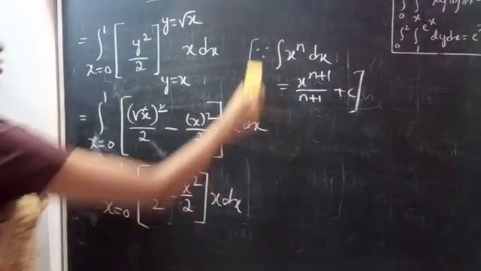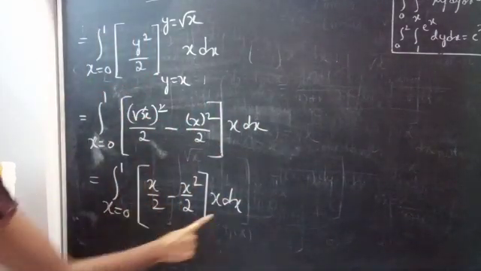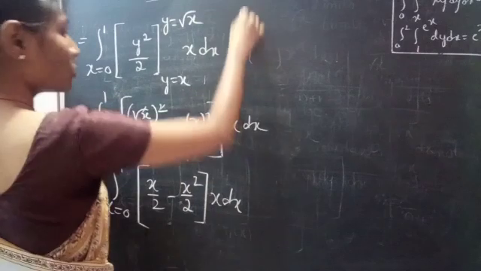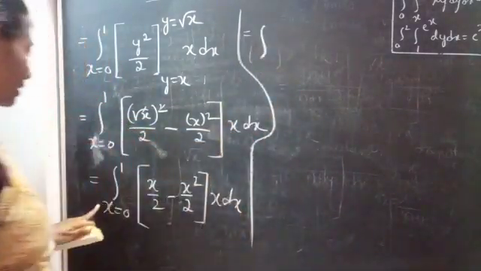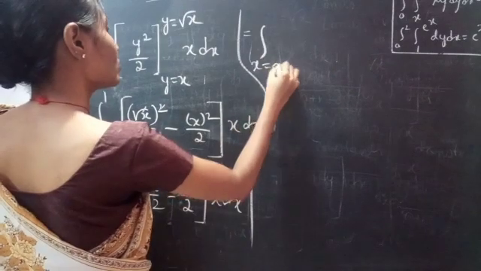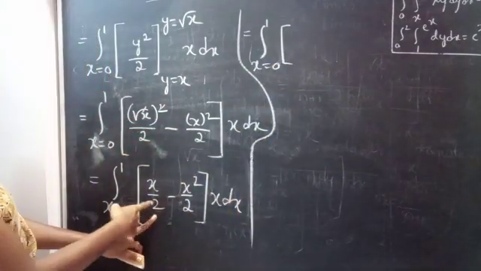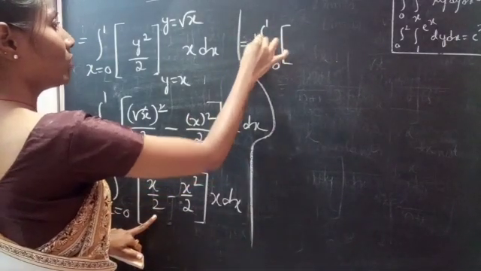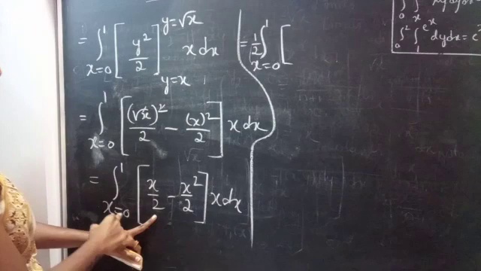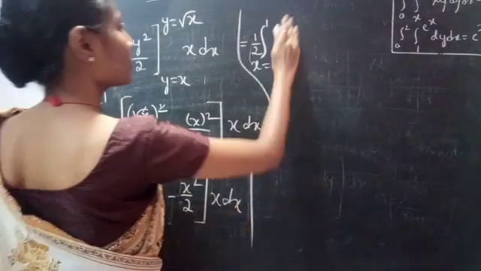Now we can multiply the whole thing with x. So what you'll get? This is equals to integral x equals 0 to 1 of 1 by 2. Take 1 by 2 as constant out. 1 by 2 into integral x equals 0 to 1 of x minus x square.